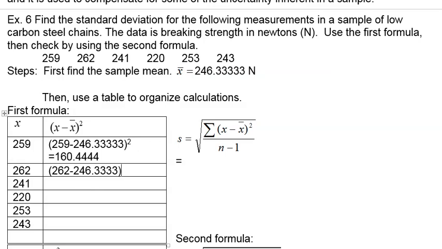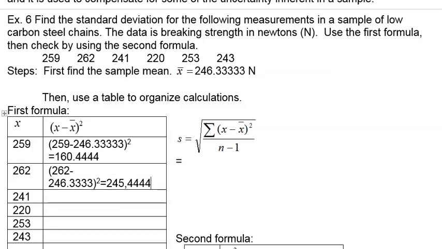And then don't forget to square the result to get your final answer, which in this case is going to be 245.4 repeating. And that should have been a decimal. My typing skills. So take a moment, pause the video, make sure you can get that calculation, and try the next 4.